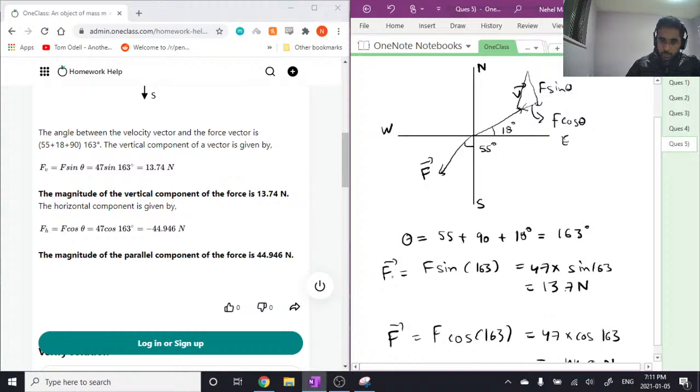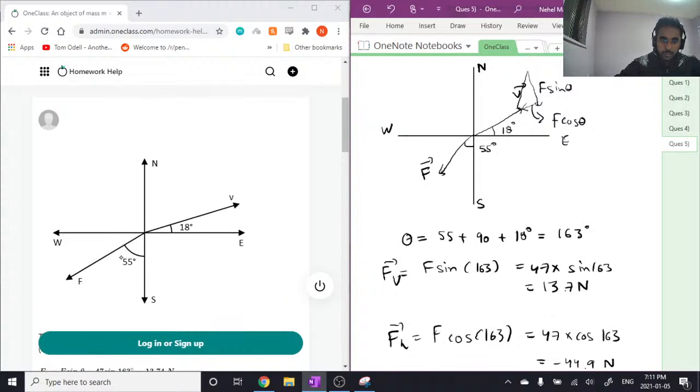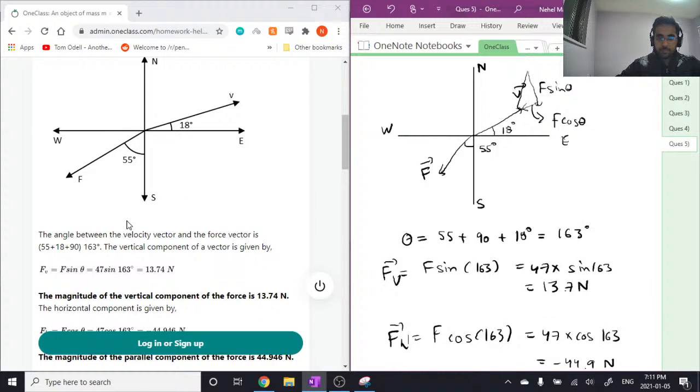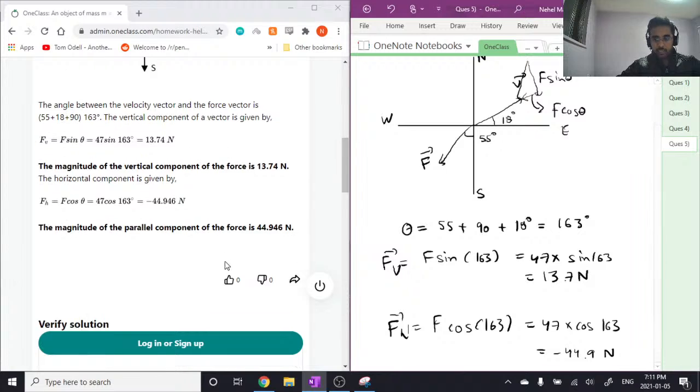So this is the vertical component, and this is the horizontal component. Again, that's the diagram of this question. You can append this to here to better visualize what it would look like, and then use that to get the angle. You get the same angle, and then use that to resolve the forces like we've done here. So the answers are correct in this case.